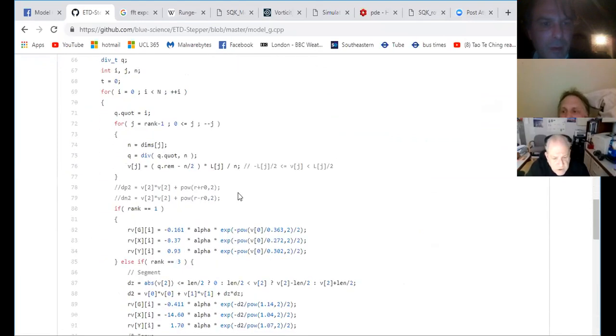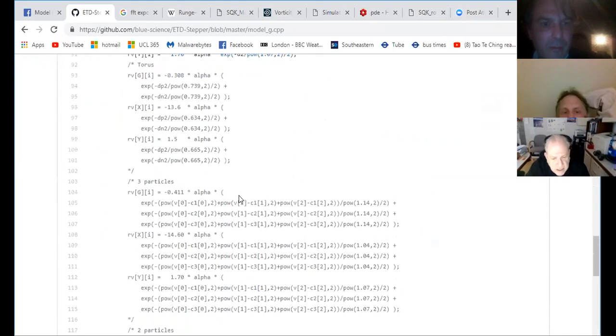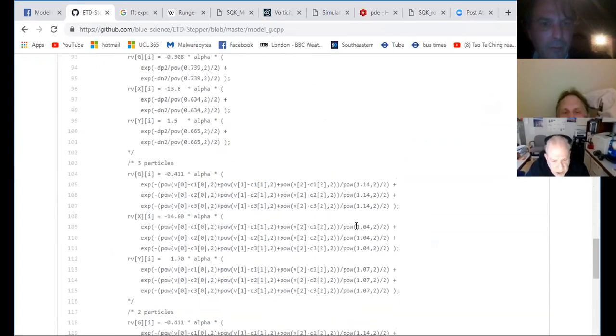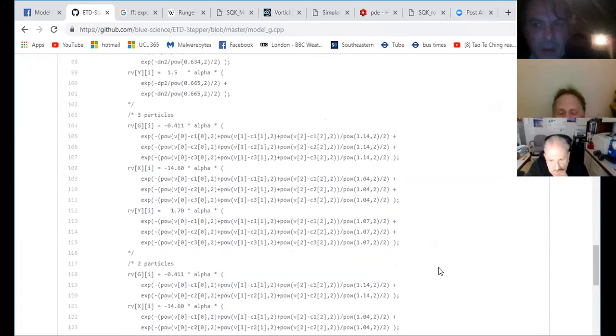Because if you look at the equation, each one of them is an equivalent equation. So it's like power V1, C1, and then you've got 2. So you're going through each of the different particles, it looks like V1. So you're looking at the speed, and I'm not sure how you're doing that.